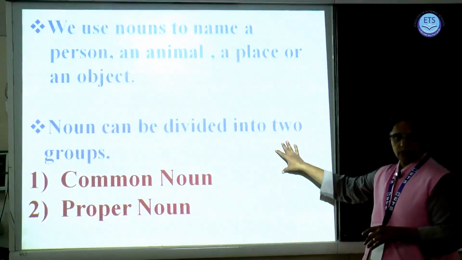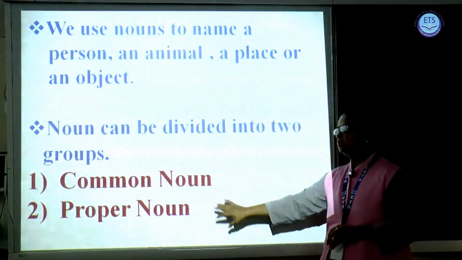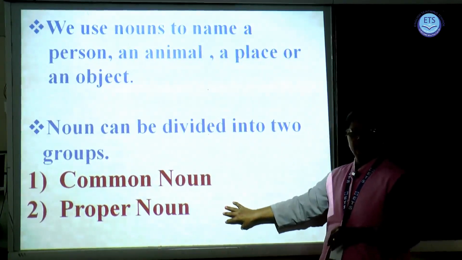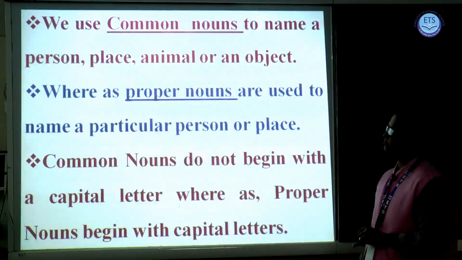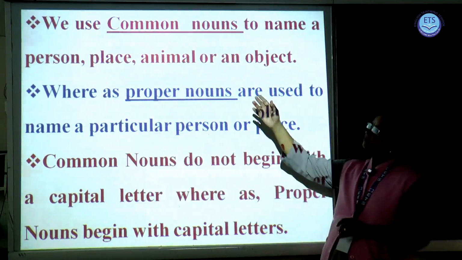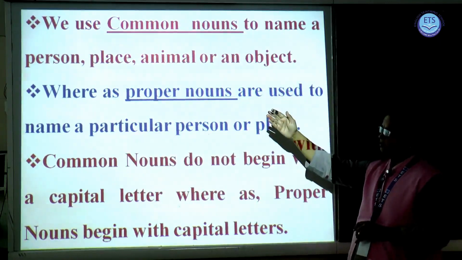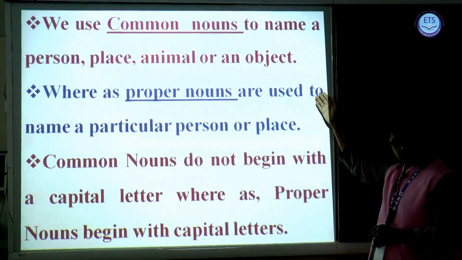These nouns, basically, are divided into two groups. The first one is the common noun and the second one is the proper noun. Let's elaborate. We use common nouns to name a person, a place, animal or an object.